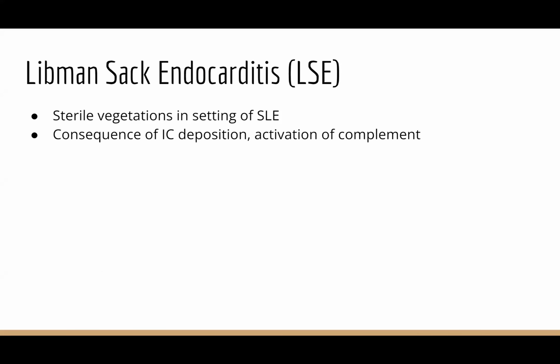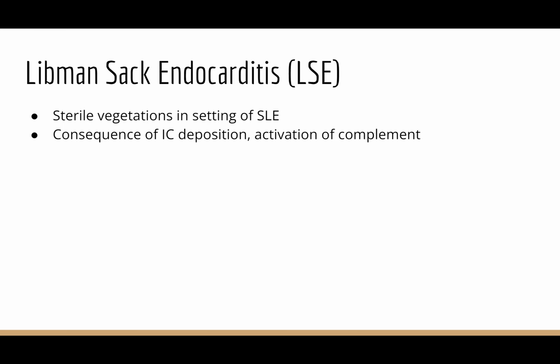The last couple, this one, it didn't have a lot on there. I don't even think we were asked about it, but of course, for completion's sake, these are also sterile vegetations, but this is in the setting of lupus, in the setting of SLE. So just understand that you can have sterile vegetations in this.